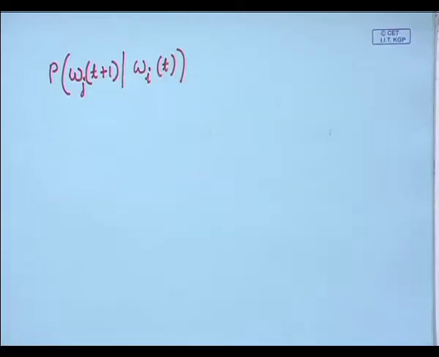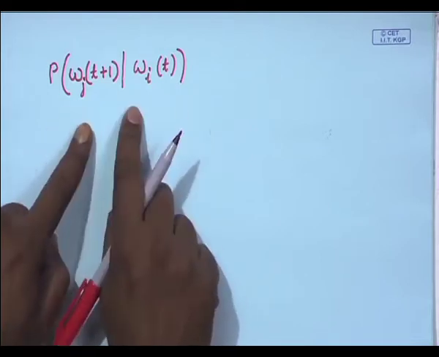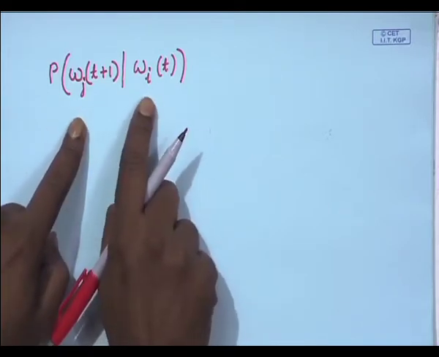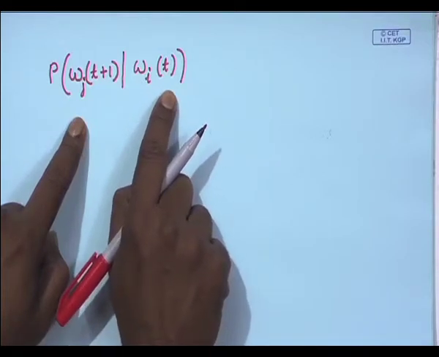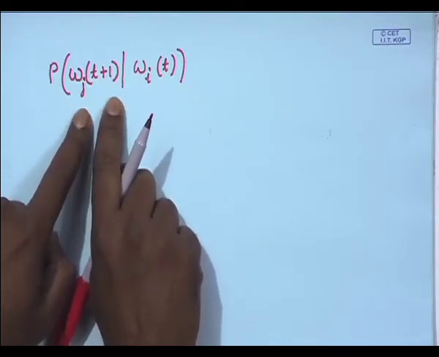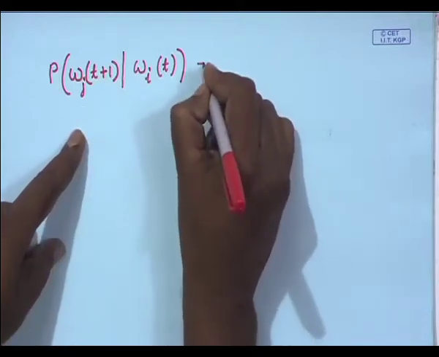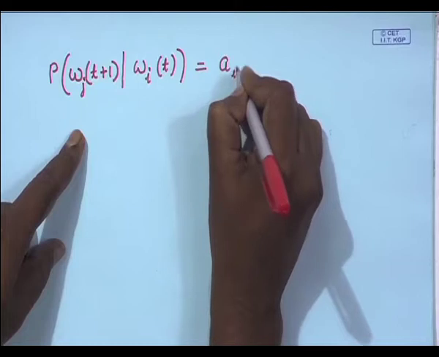So, what is the probability that the hidden Markov model will make a transition from omega i, the ith state, to state omega j, if the machine was in state omega i at time step t, and moves to state omega j at the next time step, t plus 1? This is what is given by the transition probability Aij.